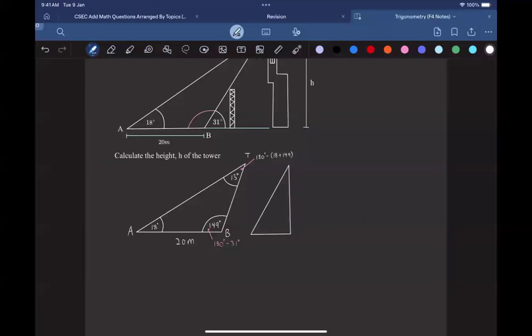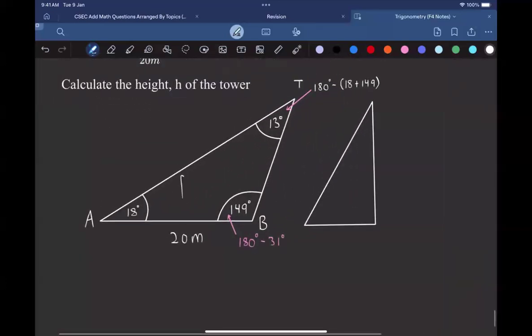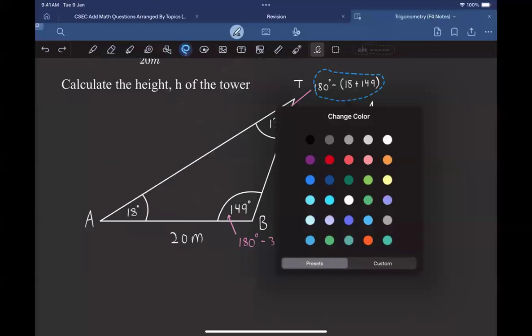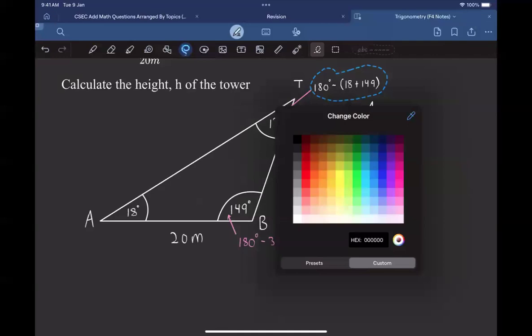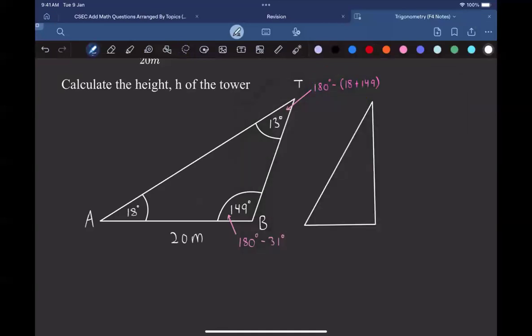First of all, is this triangle right angle? No. So if it's not a right angle triangle, what two things do I have to rely on if I want to find anything?